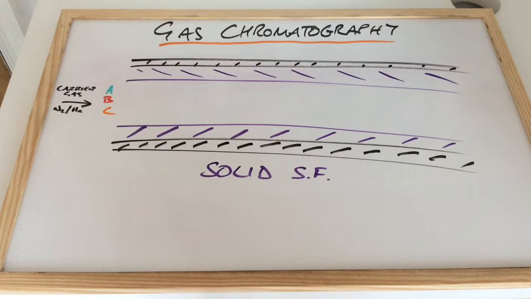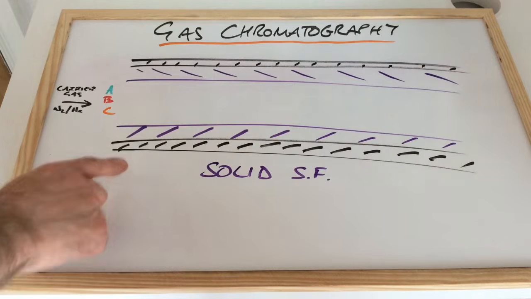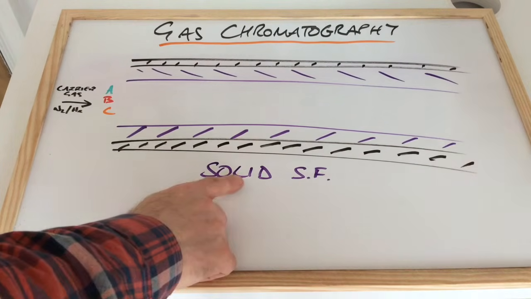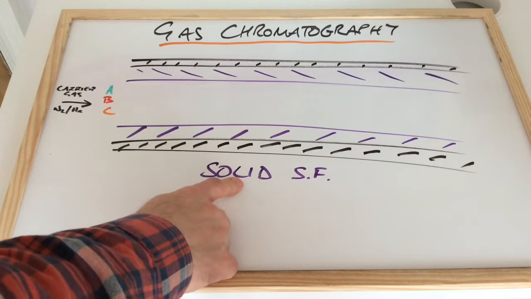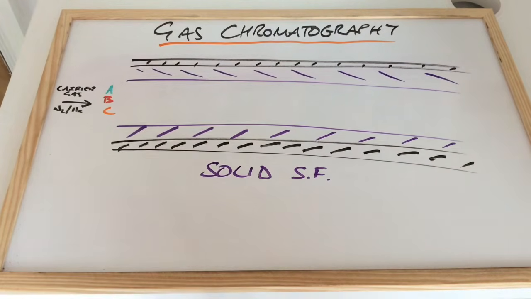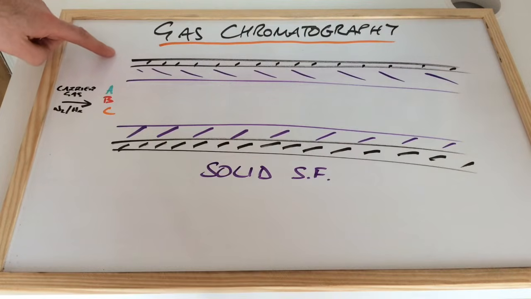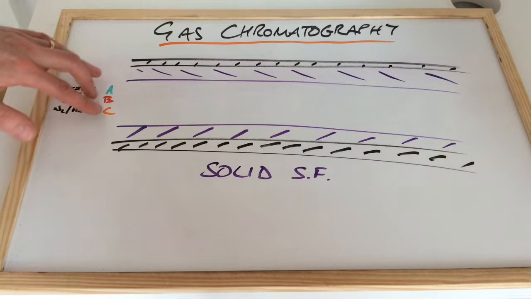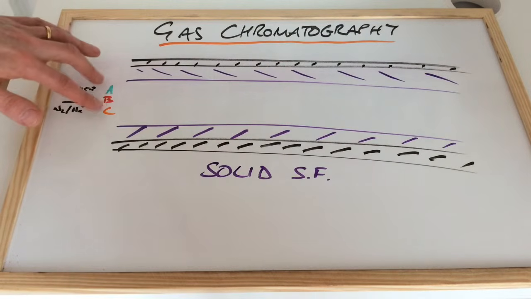And you'll notice I've drawn a bigger version of the capillary tube now. The black shaded area just represents the walls of the tube, the solid support, and the purple represents the stationary phase. That's the phase that doesn't move. In this case I've said that the stationary phase is a solid. So if we imagine we've just injected our mixture of volatile substances A, B and C. At the very start they're all mixed together, all at the same position.